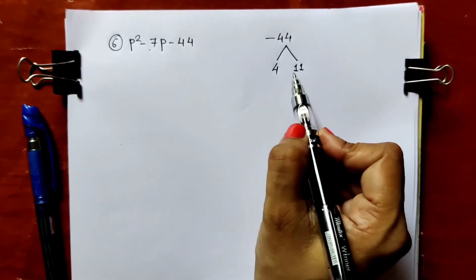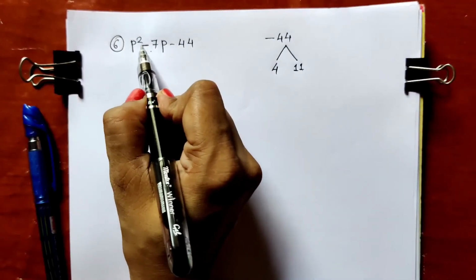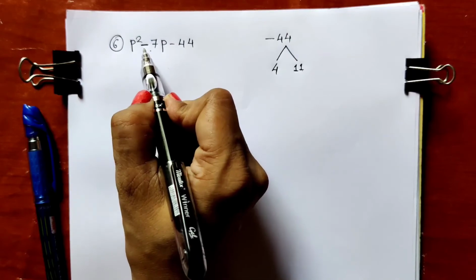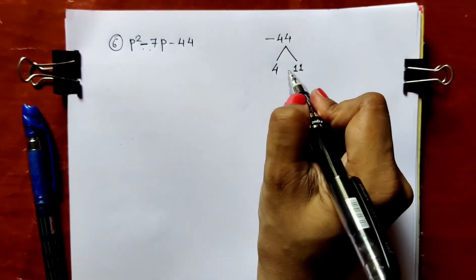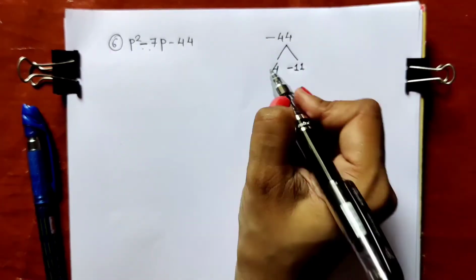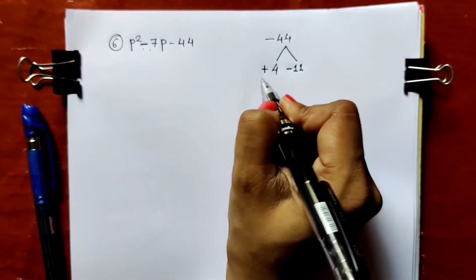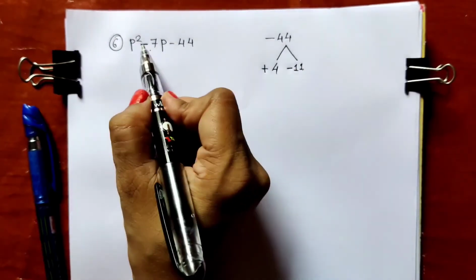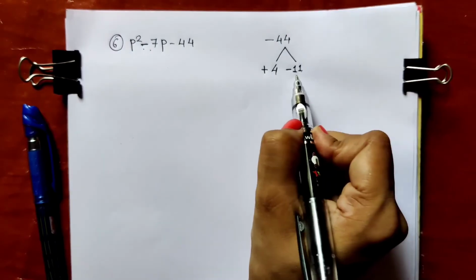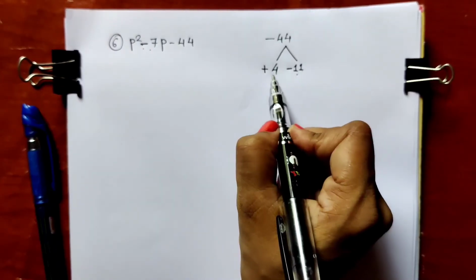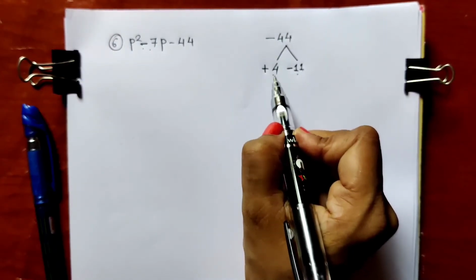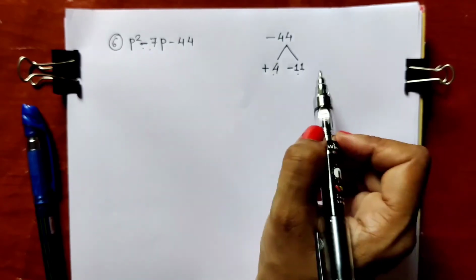So while giving the sign, let us check the sign of the middle term. The sign of the middle term should be given to the bigger number, and then the smaller number should have the opposite sign. Always keep this in mind.